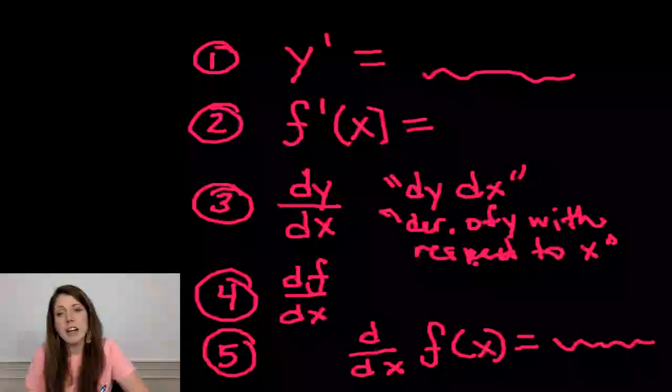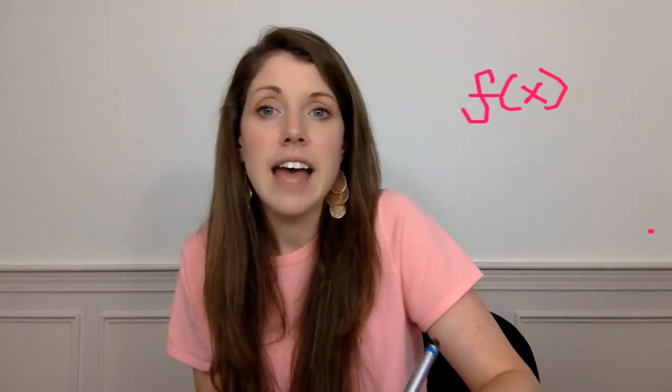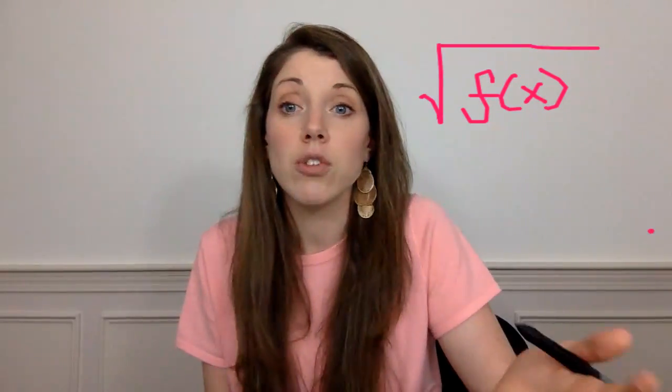This terminology allows us to see taking a derivative as an actual operation, a mathematical operation. So we know operations like addition, subtraction, multiplication, division, square roots, other types of roots, powers. So those are all mathematical operations. And we can take a function, like let's say we had f of x, and we can say, hey, let's take this whole function and take the square root of it.